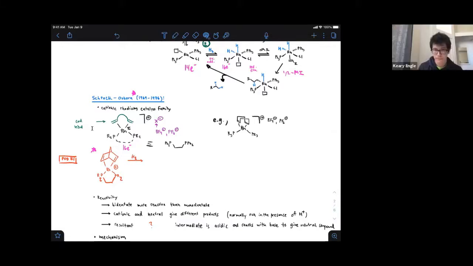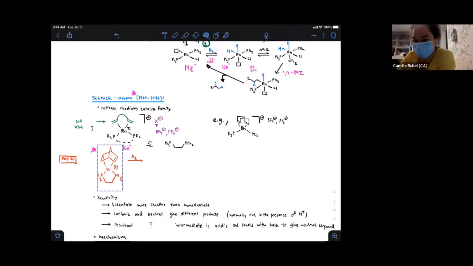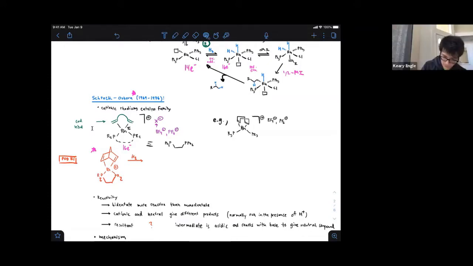Or it could be hydrogenated off. Ah, okay. I'll draw this in cartoon form, so sorry if this is confusing.